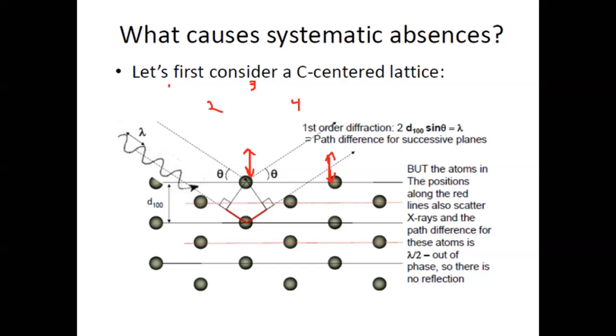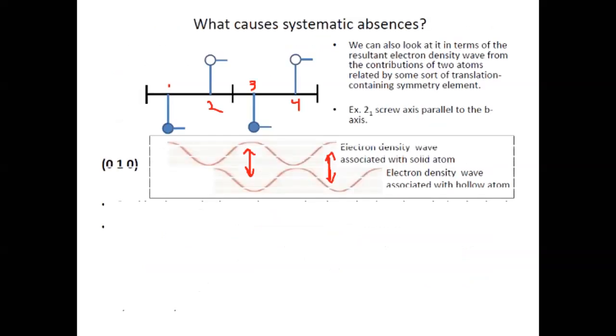Since it's out of phase, it's not going to be observed. So that's what happens with the screw axis. Since we translate along the B axis, that 0, 1, 0 is going to have another plane at lambda over 2. These are going to destructively interfere, so that 0, 1, 0 will not have any intensity associated with it.